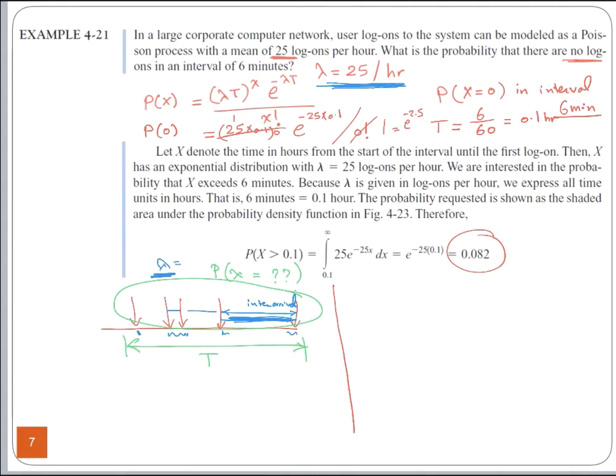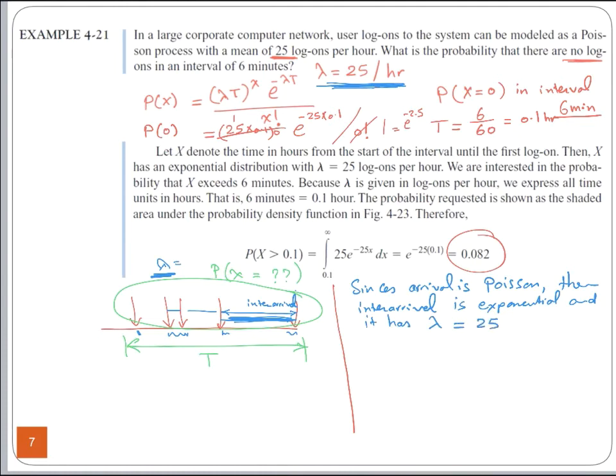If we look at this problem and want to solve it using the exponential, we start by saying that since the arrival is Poisson, the inter-arrival is exponential, a continuous random variable, and it has lambda equal to 25.